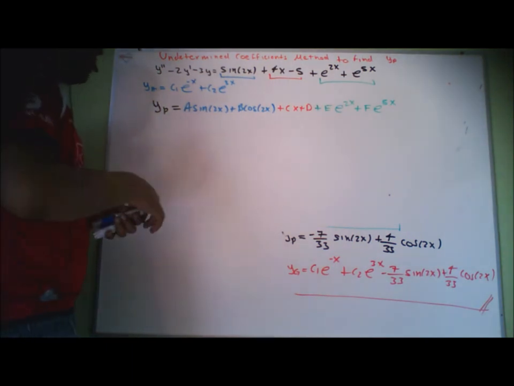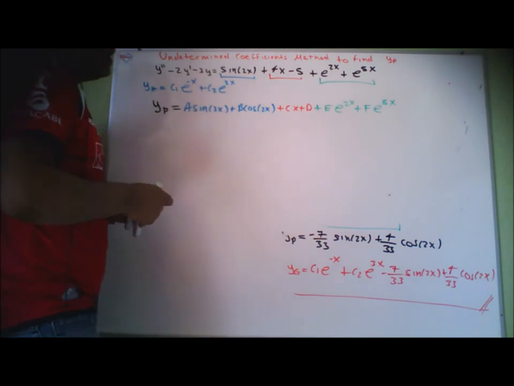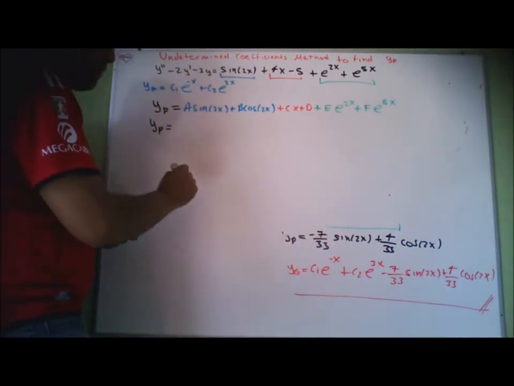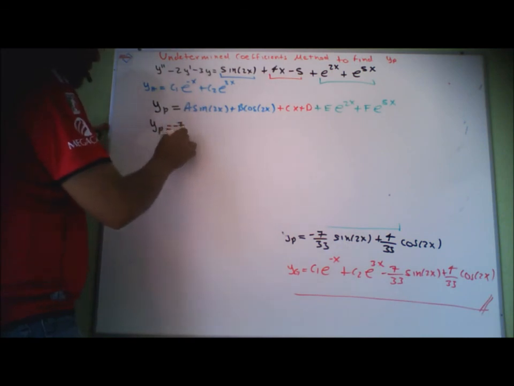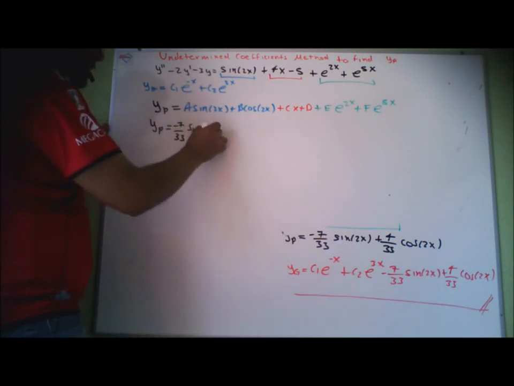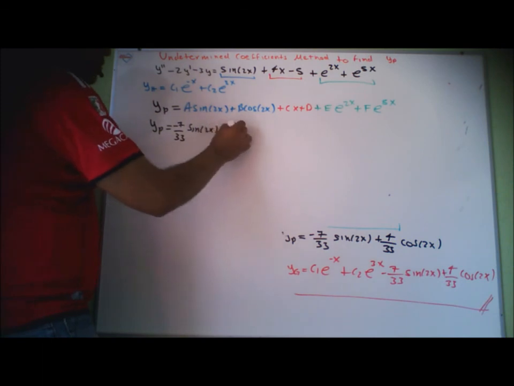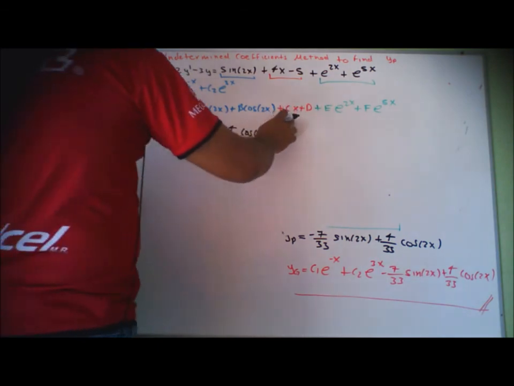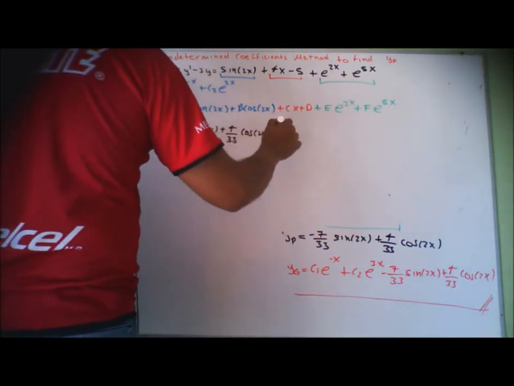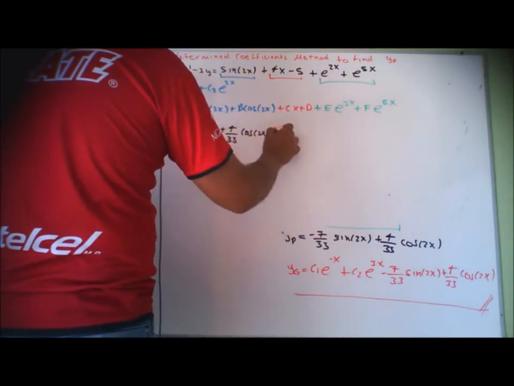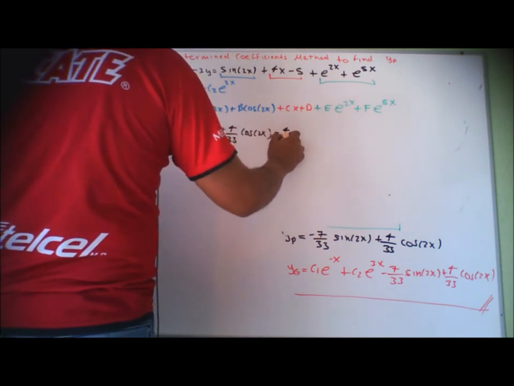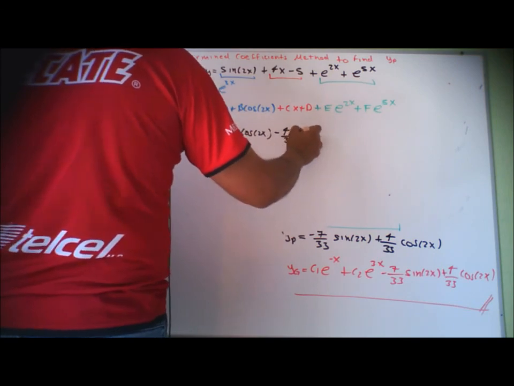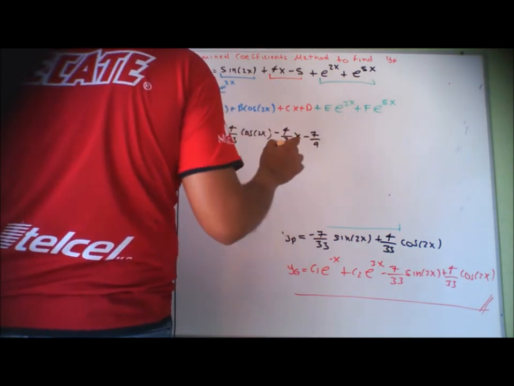Because we have already calculated the values of a, b, c, d, e, and f, my particular solution, this one is already there, minus 7 over 33 sine of 2x, plus 4 over 33 cosine of 2x, plus here, from the previous video, the result was minus 4 over 3 x, and then minus 7 over 9, and that's it.